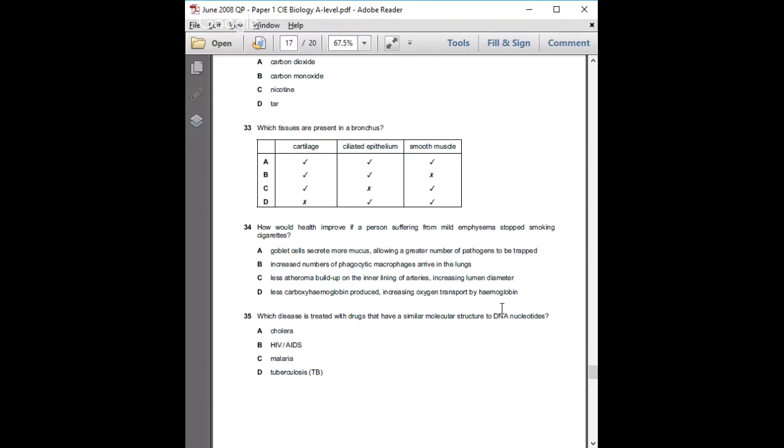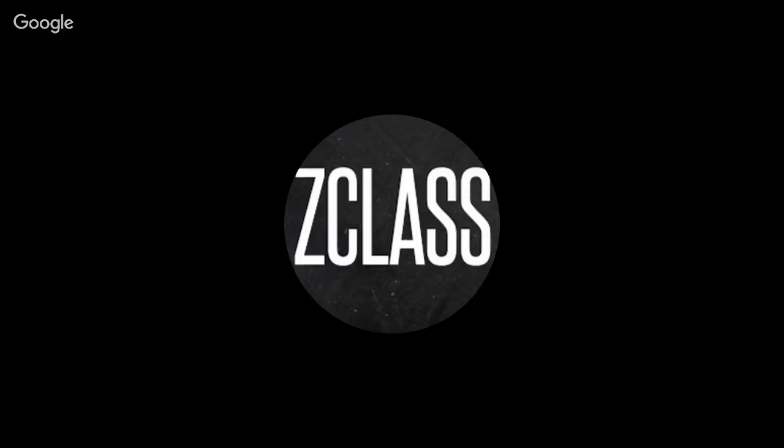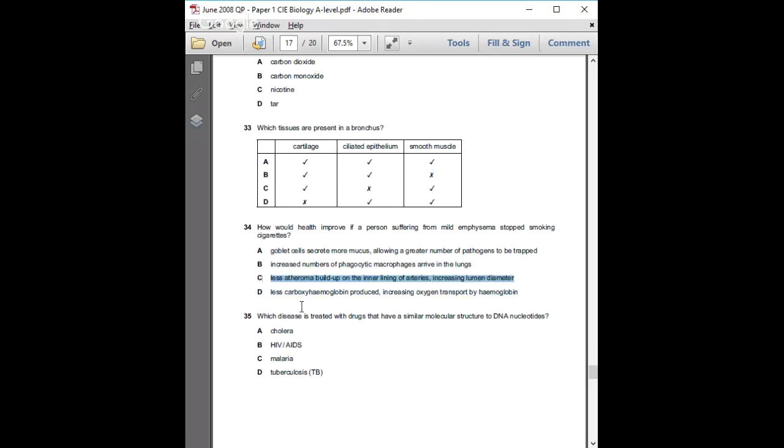That's okay. So with less atheroma buildup on the inner lining of the arteries, you're not going to increase the lumen diameter. It's just going to stay the same. Oh yeah, definitely. The diameter anyway stays the same. Okay, that's why you eliminate C. So it is D. You're correct in the first one.